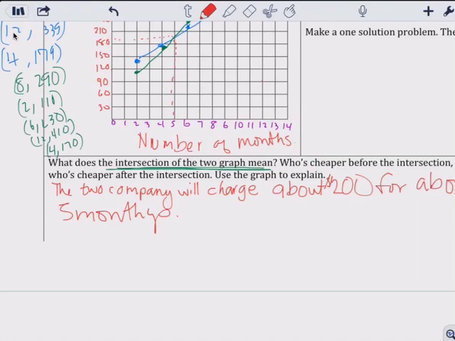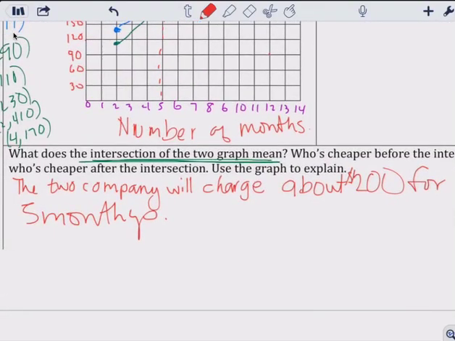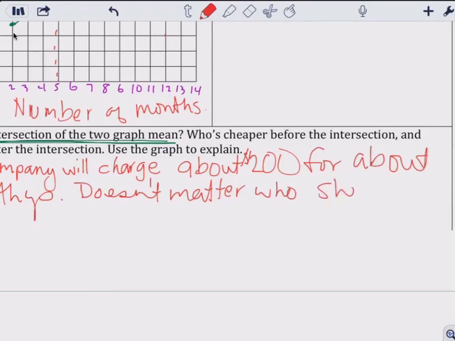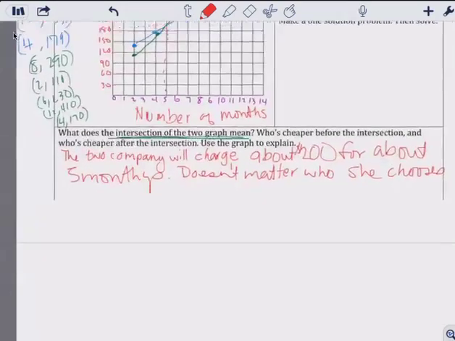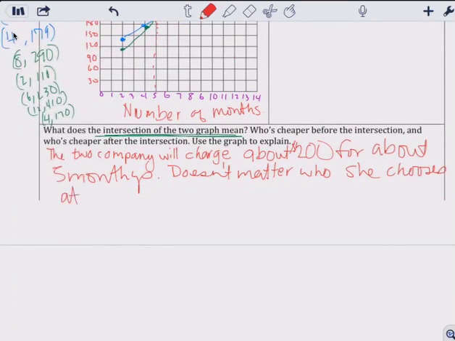So it doesn't matter who she chooses at 5 months, because they charge the same.